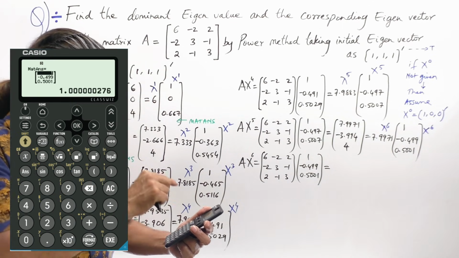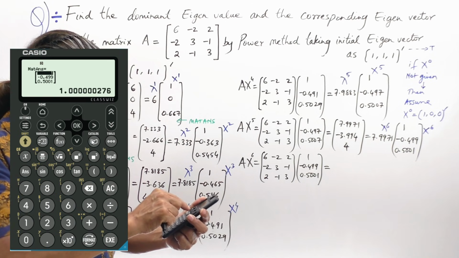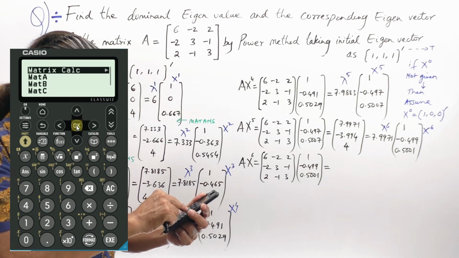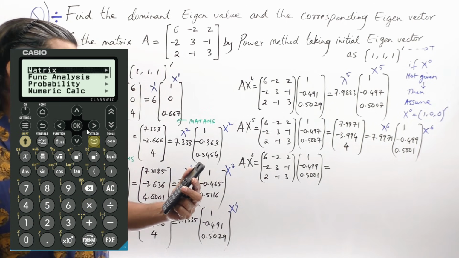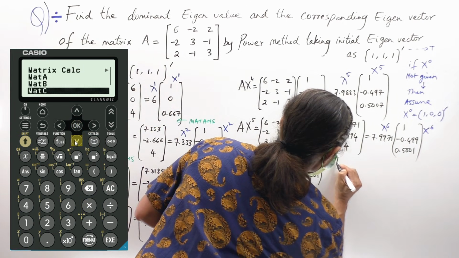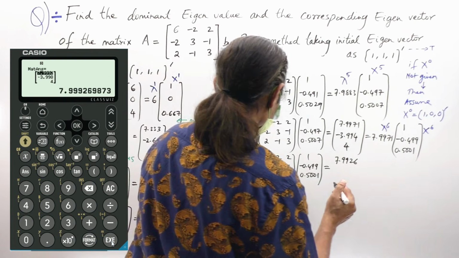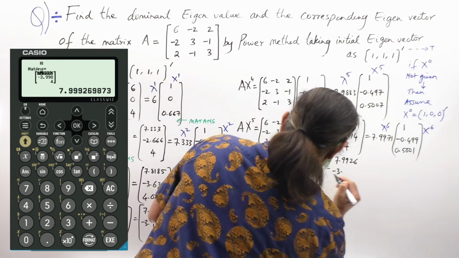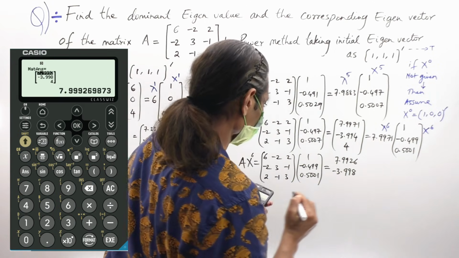We do catalog matrix A into catalog matrix, go down, matrix answer, execute. See, 7.9926, then minus 3.998 and 4.